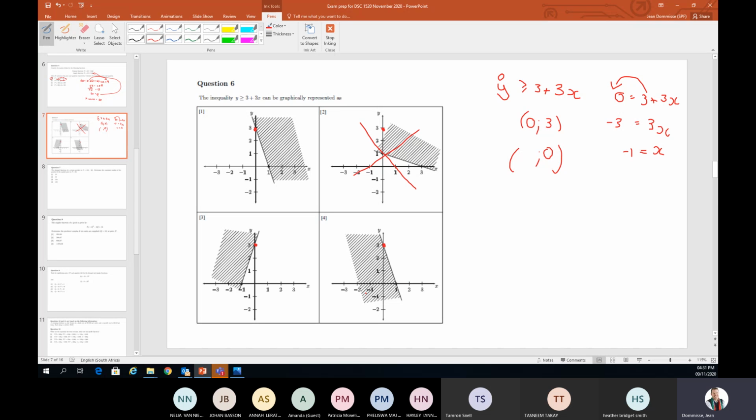Okay, so let's check. Okay, not that one, not that one. So that is the only one that basically can be, and it needs to be bigger than that. So all is fine. It is option 3.